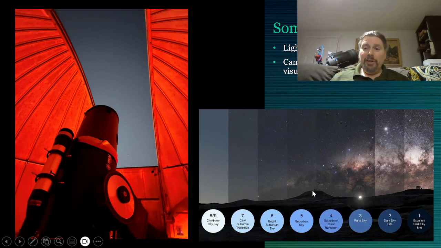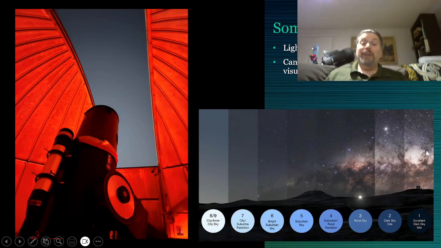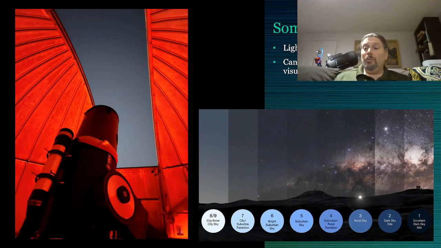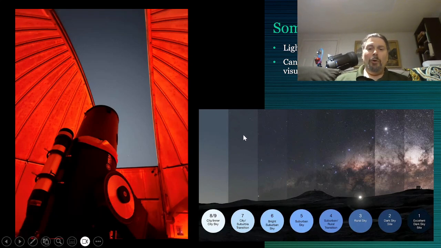So this chart on the side here is an example. Number one is the Bortle scale, a perfect, pristine dark sky site, Montana, maybe certain parts of Arizona, where you don't have anything obstructing your view, any light pollution, and all the way to 8, 9, which is the sky that we are in here in College of Staten Island, and so is NJCU.